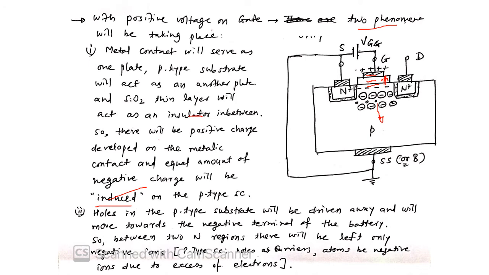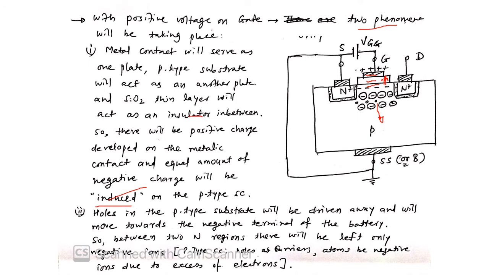One is that because of the capacitive construction, there is an induced negative charge in this region, and second, because of holes getting drifted towards the negative terminal of the battery, negatively charged ions are created in this region.